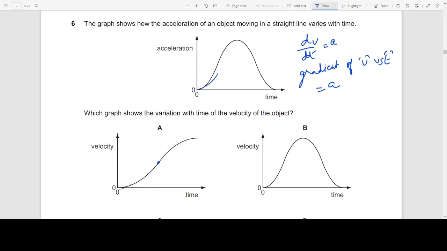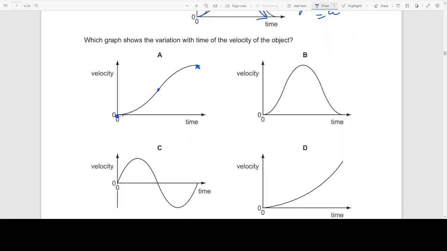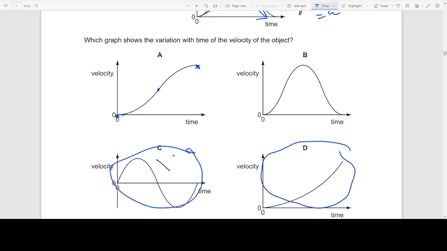The acceleration is increasing to this point, and then acceleration starts decreasing. And as you can see, acceleration is 0 only at the end points, from this point and this point, when the gradient of the velocity versus time graph is 0. Correct. So since that's the case, this graph and this graph are just going to get cancelled out.